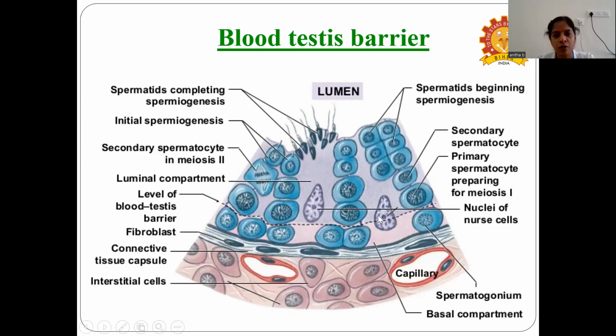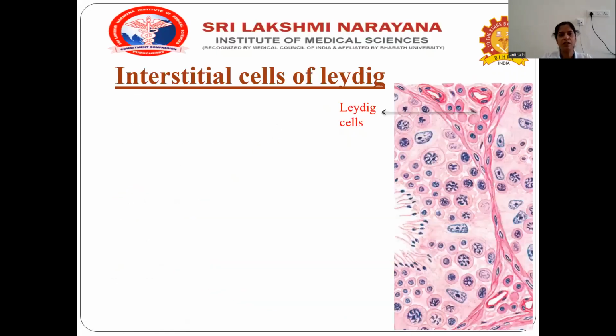To avoid that, the Sertoli cells form a barrier, so the immune system won't be sensitized and won't produce antibodies. Now you understand what the blood testis barrier is. Good.